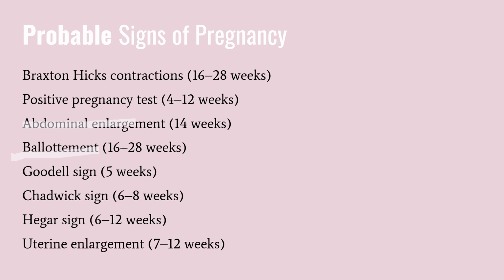The Goodell sign is softening of the cervix, which is around 5 weeks. The Heger sign is softening of the lower uterine segment or the isthmus, around 6 to 12 weeks. And the Chadwick sign is a bluish-purple coloration of the vaginal mucosa and cervix, which occurs during weeks 6 through 8.